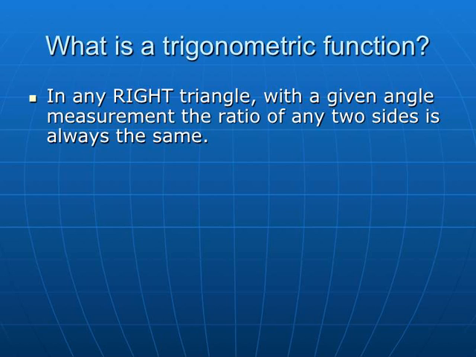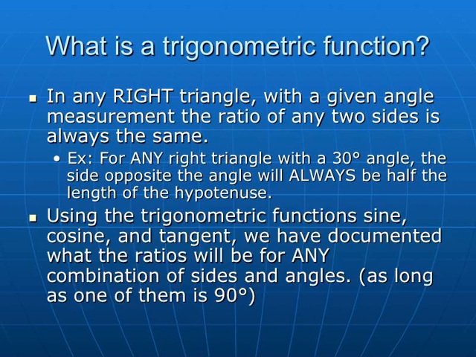So in other words, if I have two triangles, maybe one's small and one's big, if those are similar triangles, if, let's say, this side is twice the length of that, well, then I know this side's going to be twice the length of that in similar triangles, right? Okay, so a trig function.